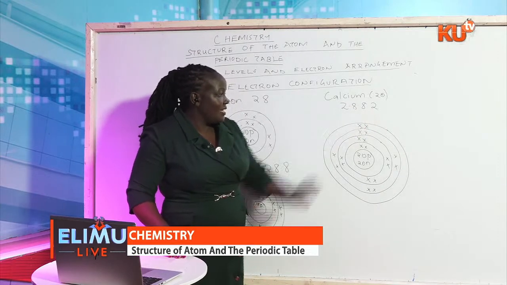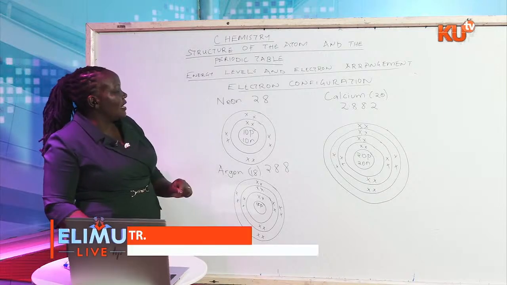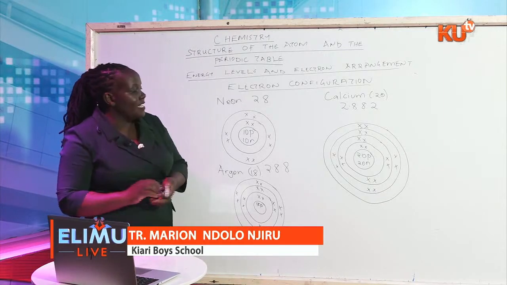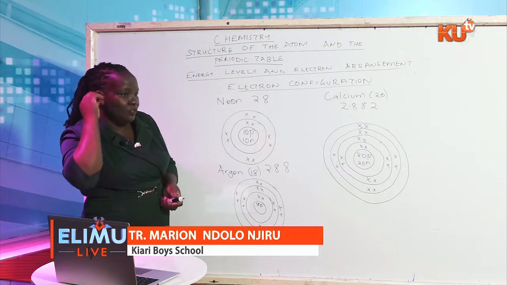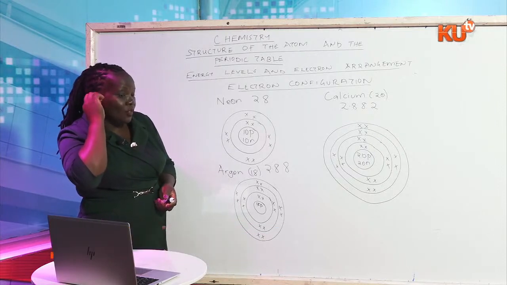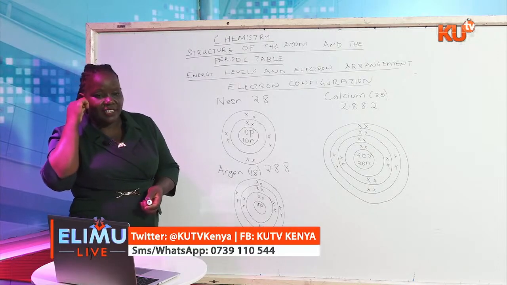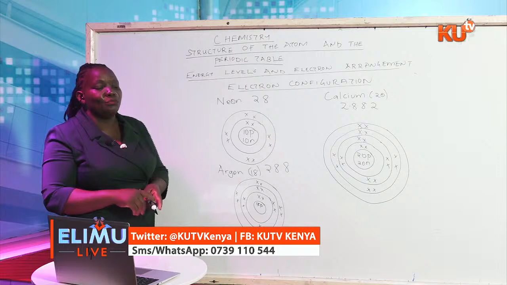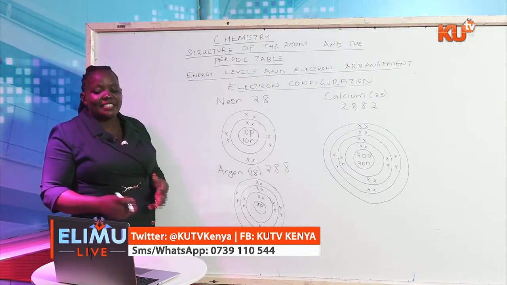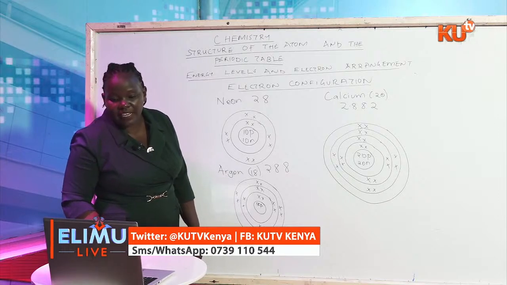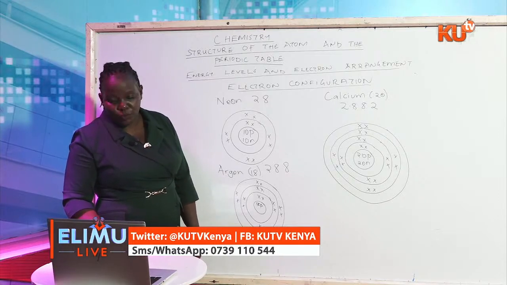The last one has 2. We have looked at boron, which we have seen is atomic number 5. Electron configuration 2, 3. So the second energy level is having only 3 electrons. It is not a must for the energy level to be completely filled up. So it depends on the number of electrons in a given atom.